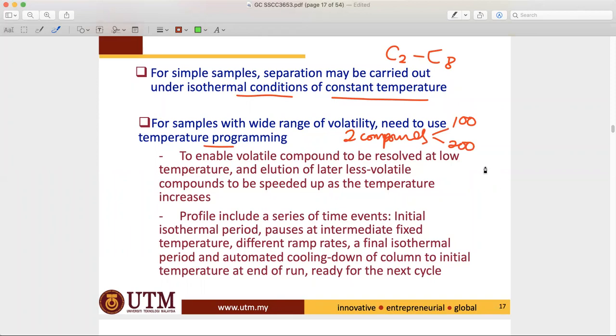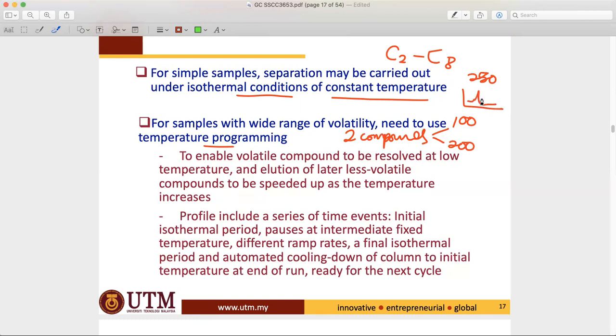Okay, so if you use isothermal conditions, you set it up to become 250 kan? Because it needs to be much higher than your least volatile. So if you use 250, for isothermal, katakanlah you set 250 Celsius for this compound, so your chromatogram should be like this. So the first compound, the second compound.